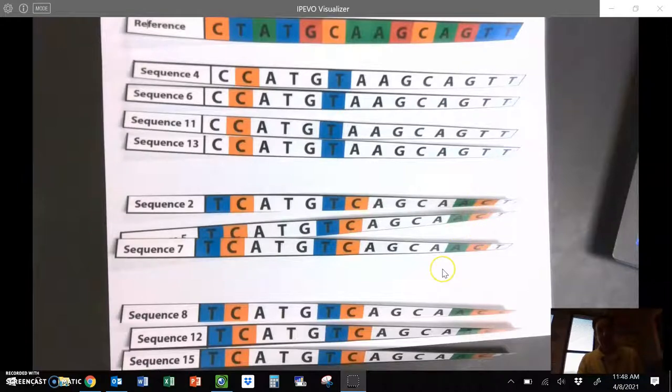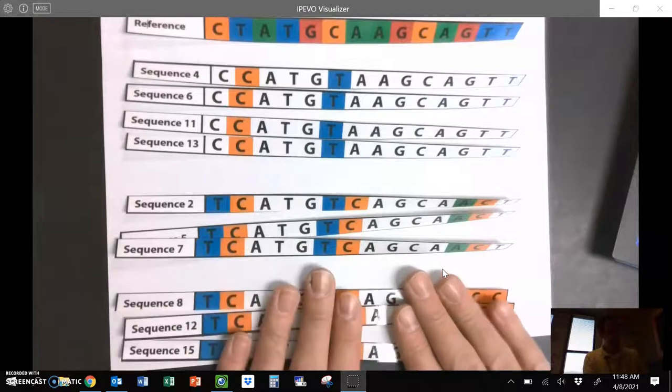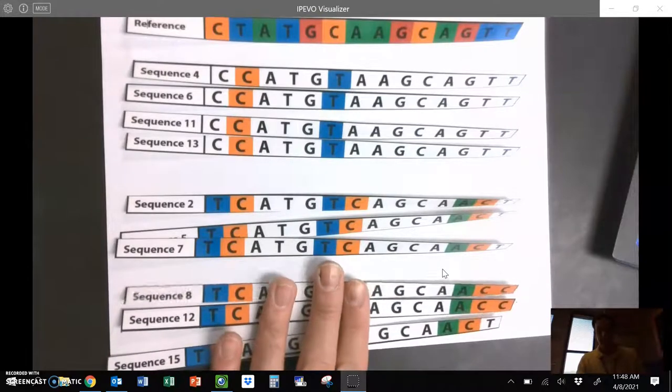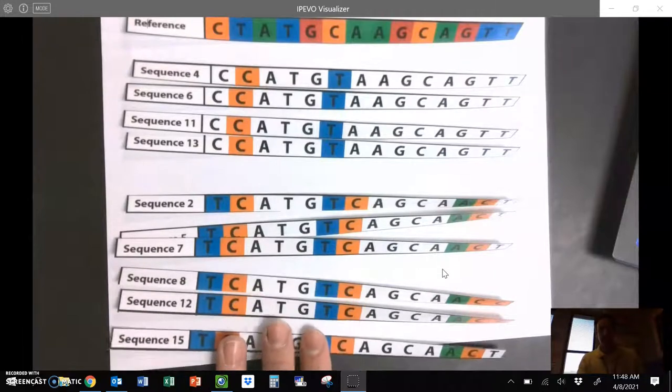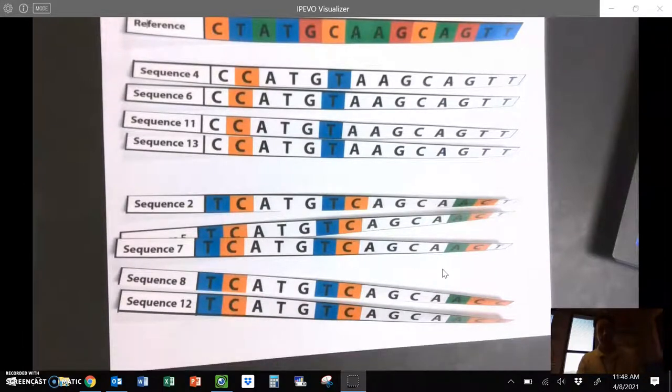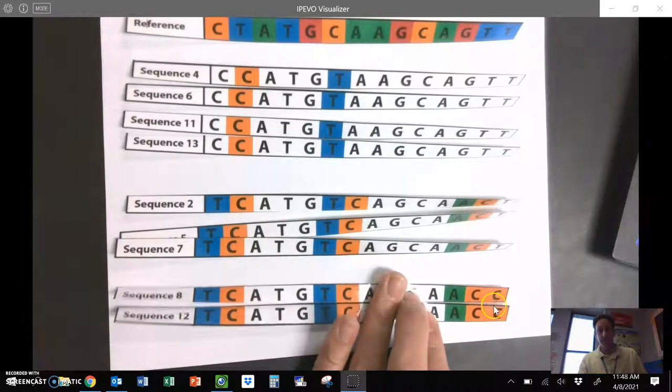And then if we scroll down even further, we see that there's 2 more sequences that have even more mutations in here. That should be up here. Anyway, we see that they've inherited those same 4, but then there's this extra C mutation on the end.